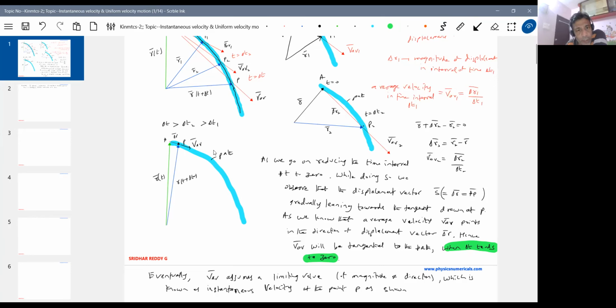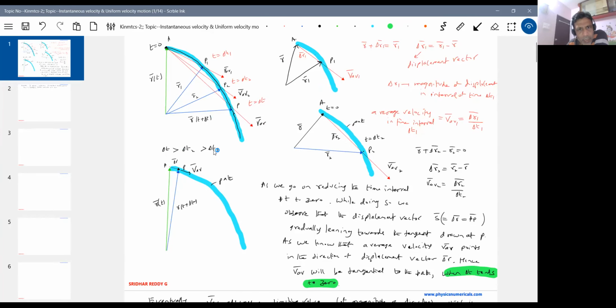Okay, fine. So now you have to ask the biggest question. At this point P, I'm going to move very close to A. Then now delta R bar will be tangential to the path. This is the simplest conclusion. Sir, how can you justify? I have the answer here. As the point P moves away from A, the angle between them will keep on increasing.